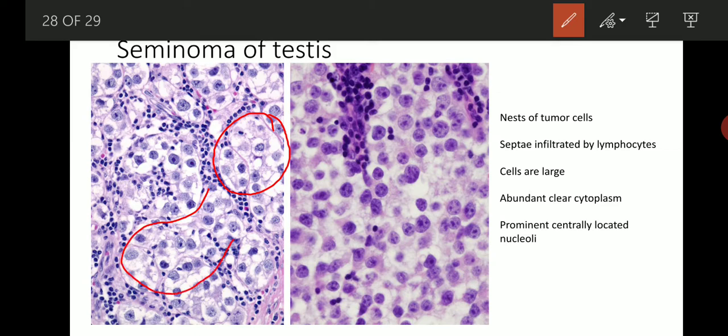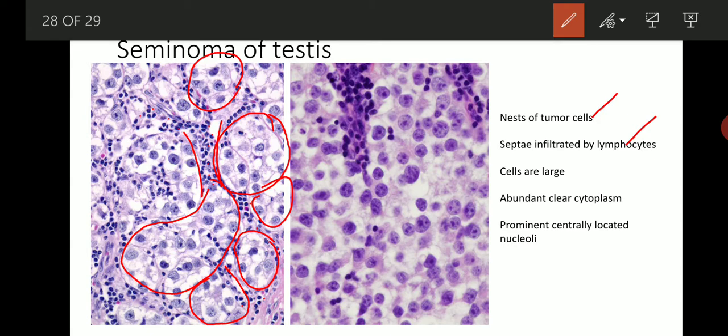There are nests of cells which are separated from each other by septae, and the septae contain numerous lymphocytes. This is the hallmark feature of seminoma, and please remember this is the same as dysgerminoma of the ovary. So nests of tumor cells and the septae infiltrated by lymphocytes.